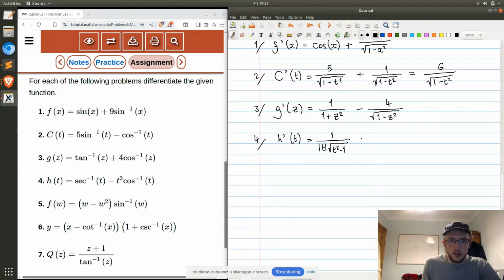And then here's a product to do, three t squared, and then this is a product.